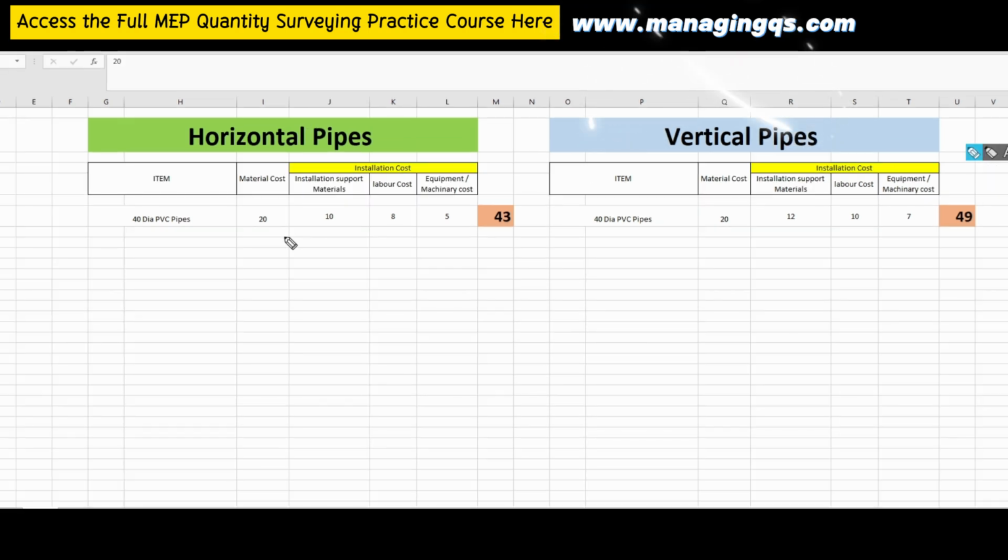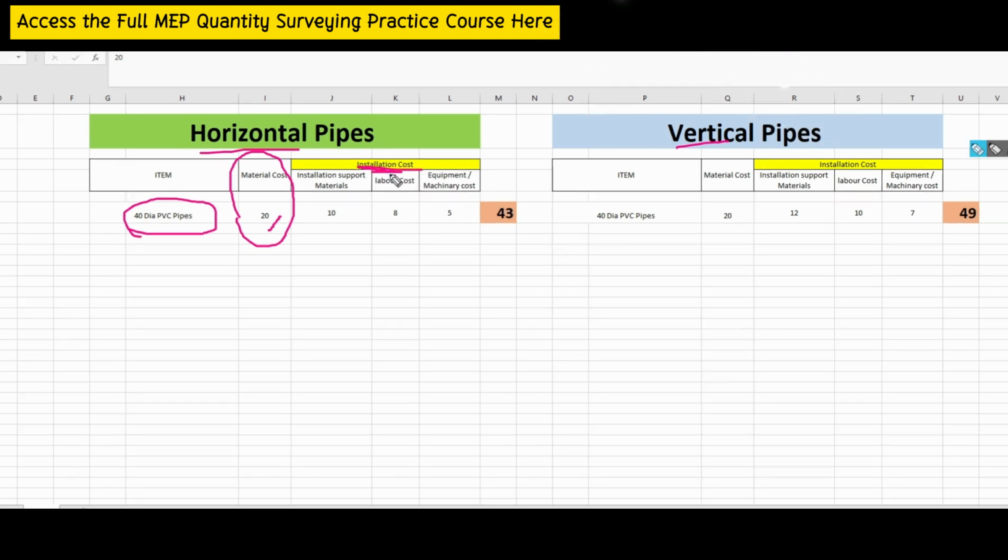In this scenario the material cost of the 40 diameter PVC pipe is the same for horizontal and vertical. We just assume 20 Saudi Arabian Riyal. This is not the actual price, just an assumed price for our educational purpose. And you can also see another part, the installation cost. This part is totally different for the horizontal and vertical pipe. Under this installation cost there are three important activities involved.